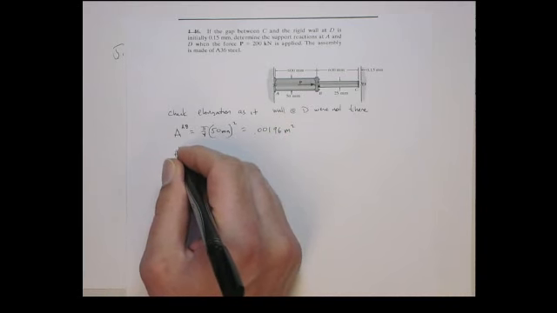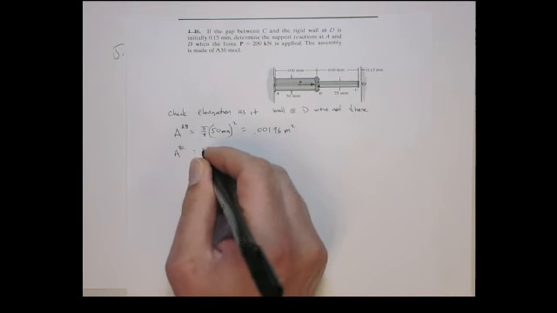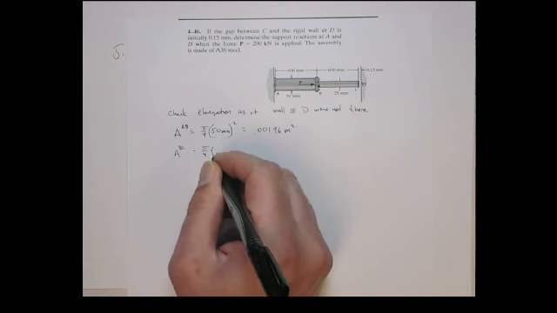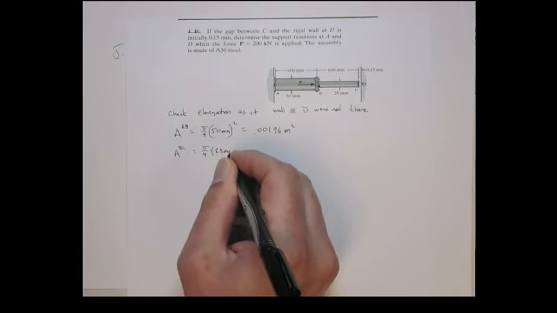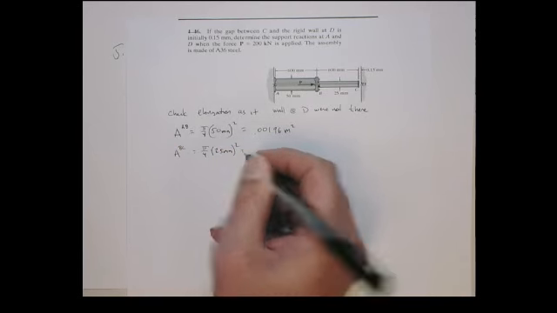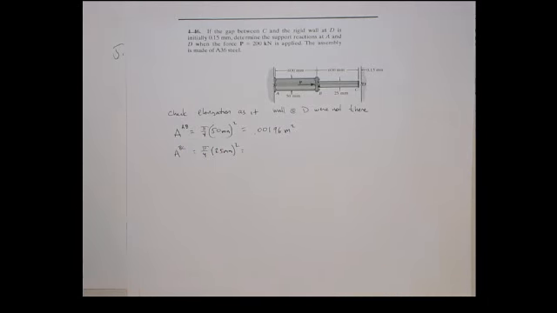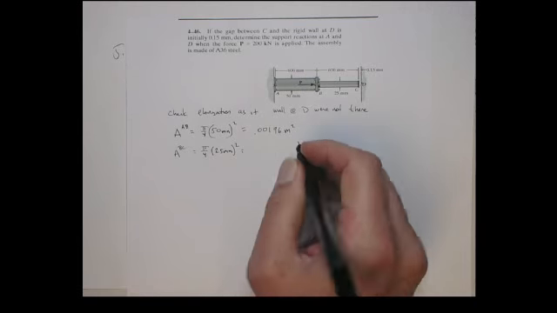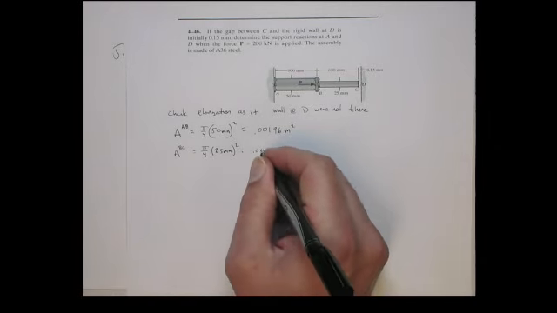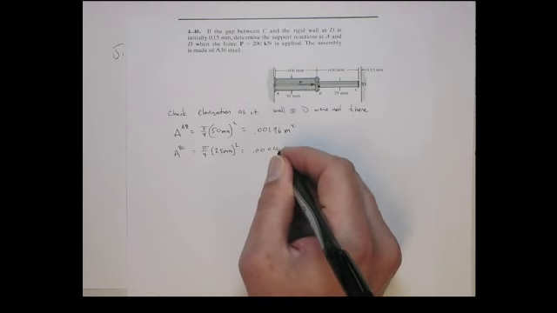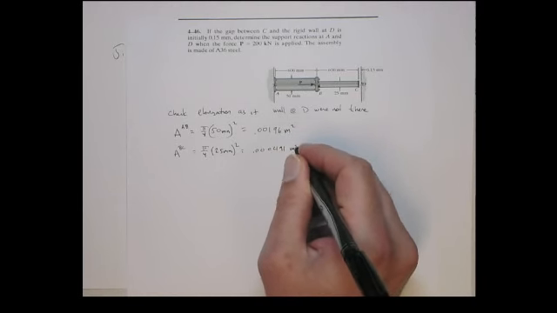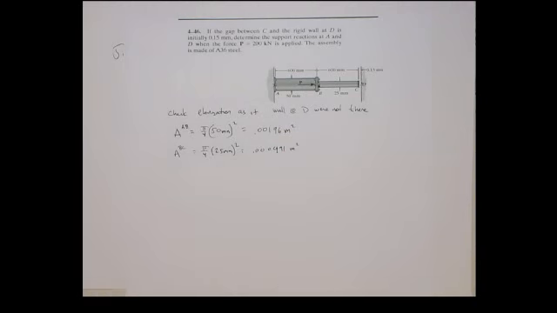And the cross-sectional area from B to C is pi on 4 times 25 millimeters squared, so that is 0.000491 meters squared. So those are the two cross-sectional areas.